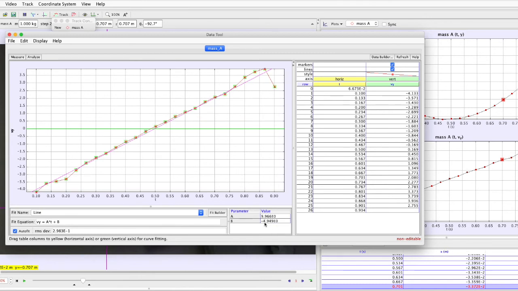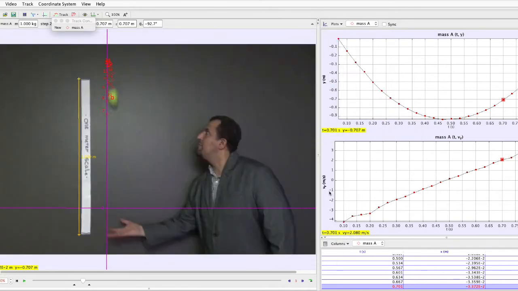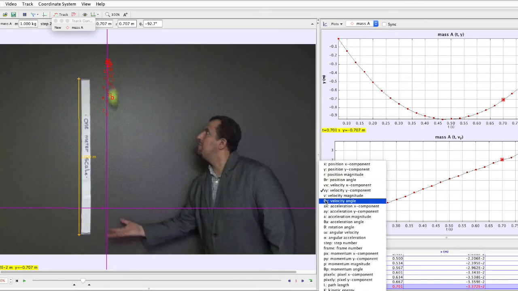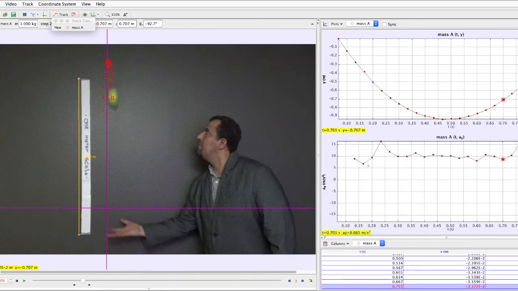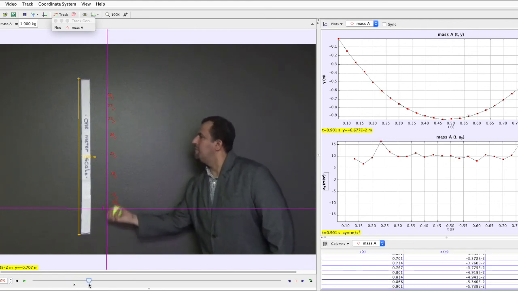So here you can see that we have negative velocity and positive acceleration. That's great. And also I can show you here the accelerations. Maybe I can try to go to the acceleration. The acceleration is positive, and it is around 10 meter per second squared. So that's great, guys. As you can see here, we could manage to know the sign of the gravitational acceleration.